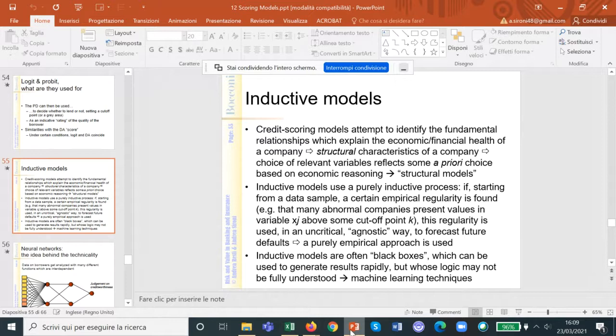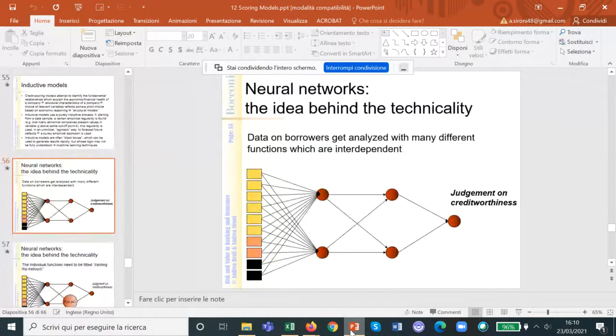I put them into a black box, okay? And then I tell the machine what companies default and what company did not default. And I ask the machine, you tell me what do you think are the regularities? And I do that in a very uncritical, agnostic way, okay? So inductive models are very much black boxes that try simply to identify empirical regularities, okay?